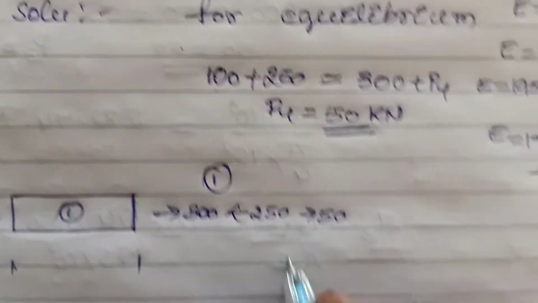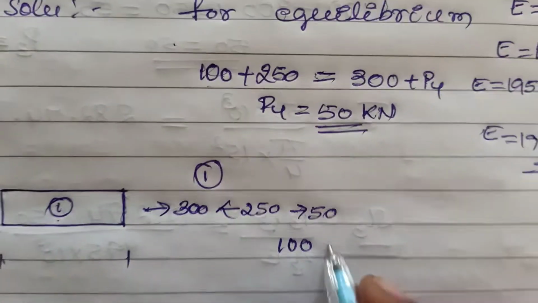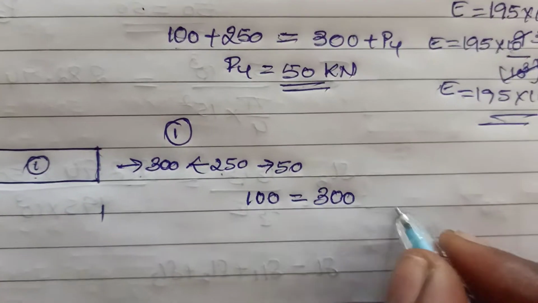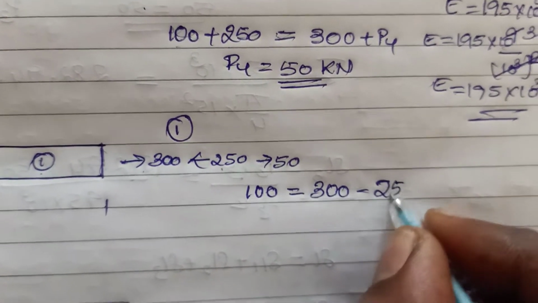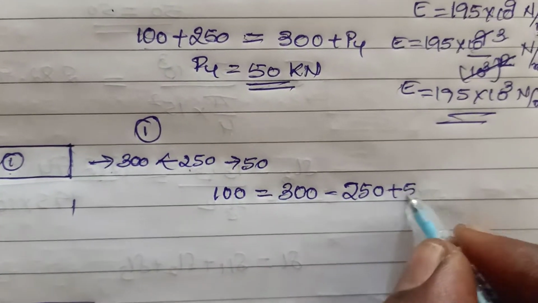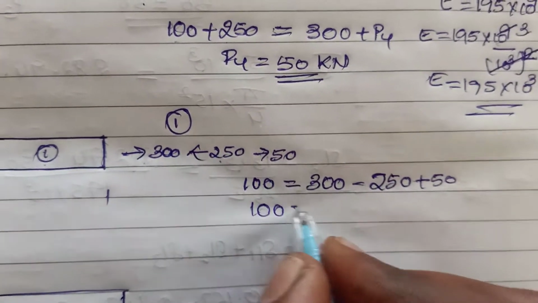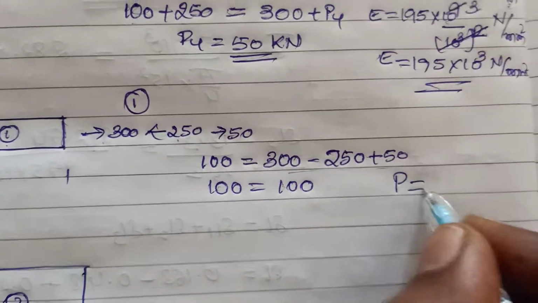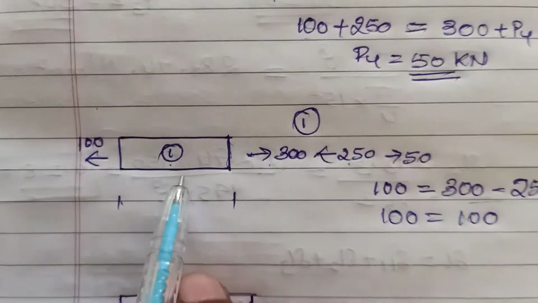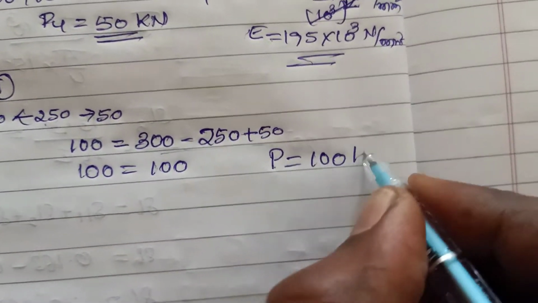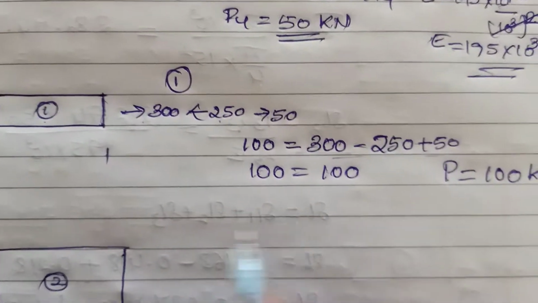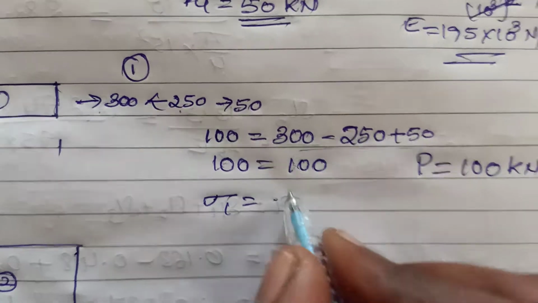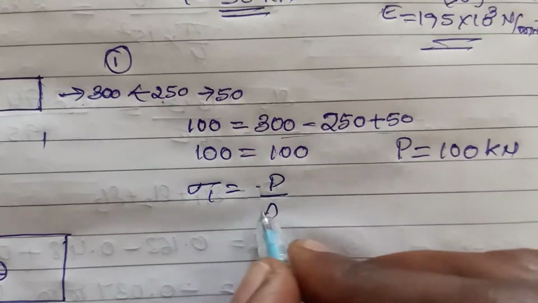So the 100 tensile is equal to 300 minus 250, because it is compression, plus 50 tensile. Calculate, and you are going to get 100. So the effective load acting on this is P equal to 100 kilonewton. Use this value to find the stresses. Then sigma 1 is equal to P divided by A1.